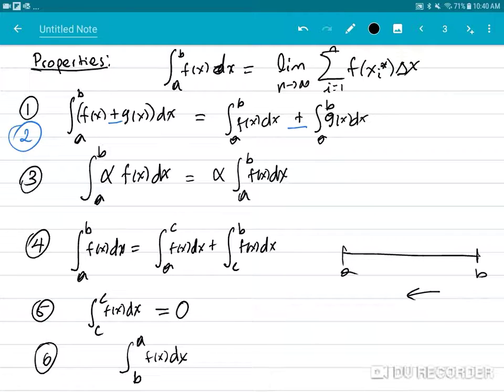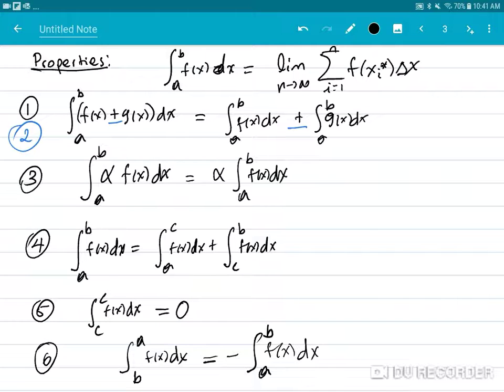So going backwards will cost you a minus to fix. So the integral from b to a of f of x dx is the negative of the integral from a to b of f of x dx. So anytime you want to switch the limits of integration, it just costs you a minus outside of the integral. Multiply the whole thing by minus. That's what property 6 is.